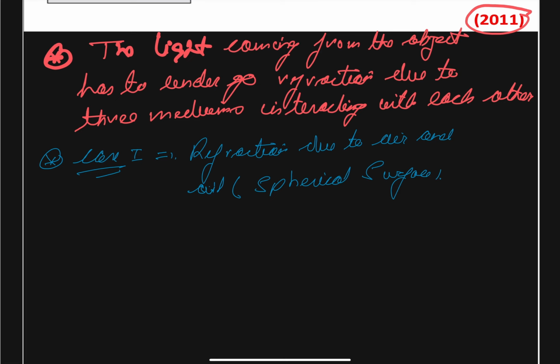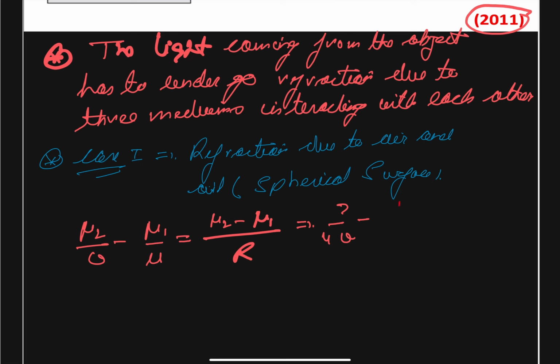So therefore we can use the formula that mu2 upon v minus mu1 upon u is equal to mu2 minus mu1 upon r. We are already given the values. So we substitute, we get 7 upon 4 times V minus 1 upon minus of 24 is equal to 7 upon 4.